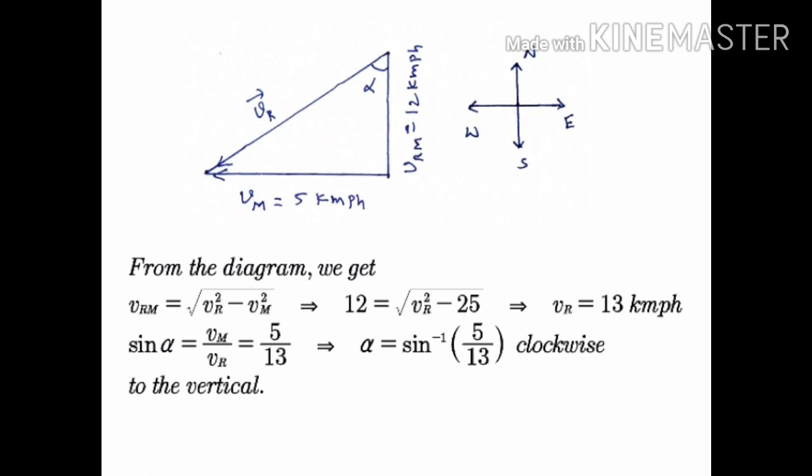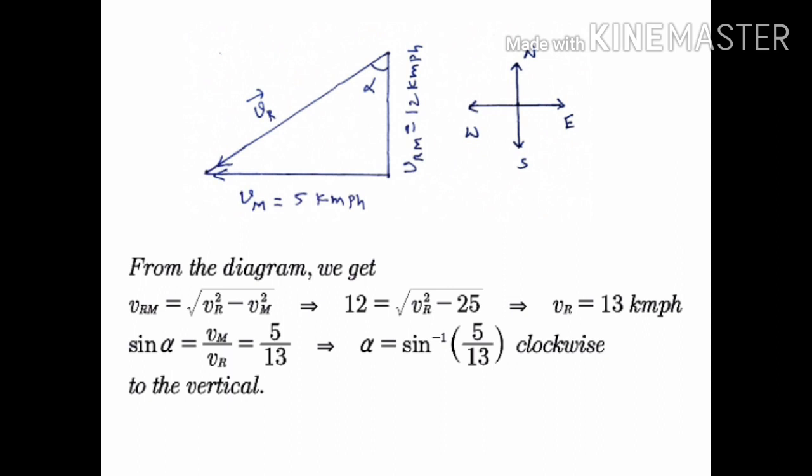Then from that diagram we can find the velocity of rain as well as the angle made by the rain with vertical. First we can find VRM, that VRM is equal to root of VR square minus VM square. Then by substituting VRM as 12 and VM as 5, you can get VR is equal to 13 km per hour.